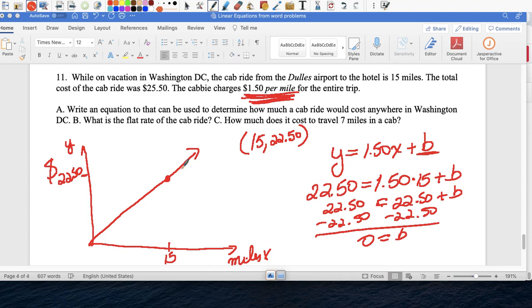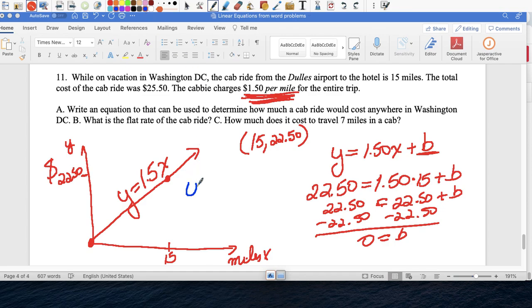Well, lucky us. So for this particular trip, this particular cab company, every mile is $1.50, and that's it. So my equation is just 1.5x. It goes through the origin. There's no need for you to write plus 0. All right. It's not common, I'm going to tell you that much.